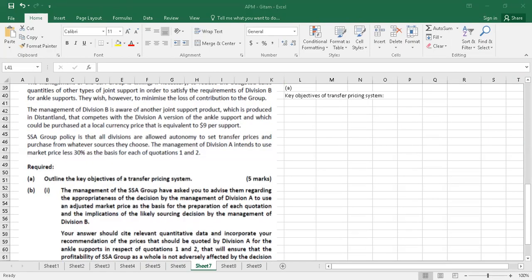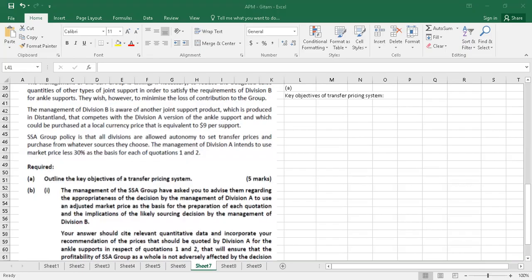Were you there when the transfer pricing concept was explained in the class? Well, I remember in the last classes only Abhishek was there. Nevertheless, I'll put the slide about the transfer pricing system, the concept of it. We'll look into that.